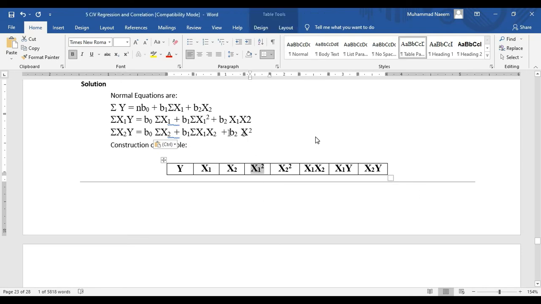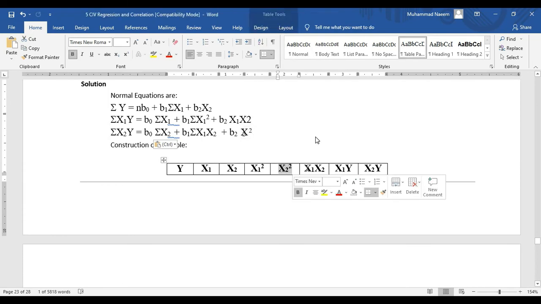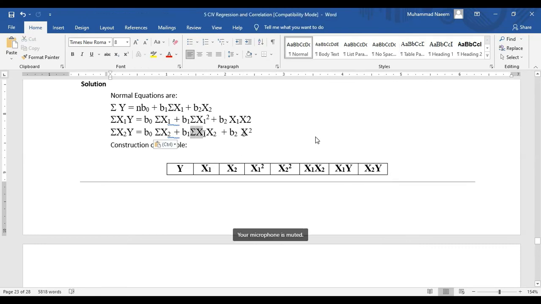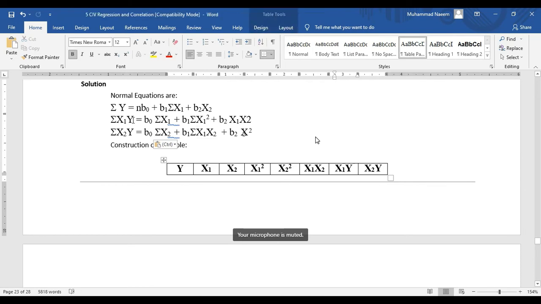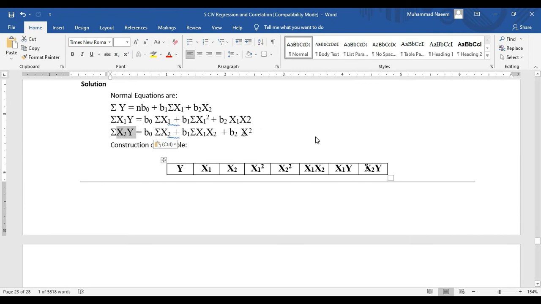Also, we need x2 square, so construct this one. And by looking at these sigmas, sigma x1 x2 we need, so construct a column for x1 x2. As we have on the left hand side, sigma x1 y we need, so construct a column of x1 y. Sigma x2 y we need, so construct a column of x2 y.